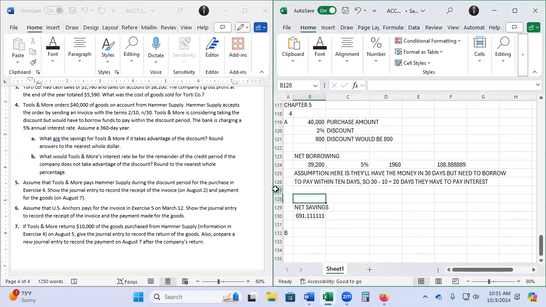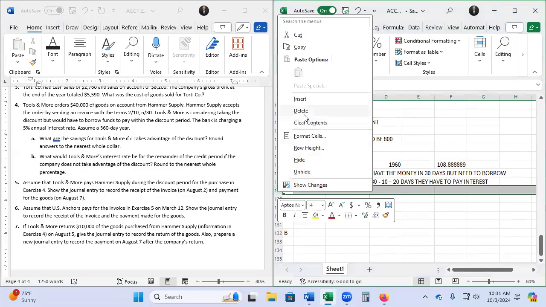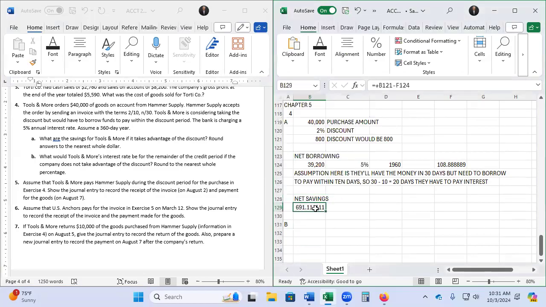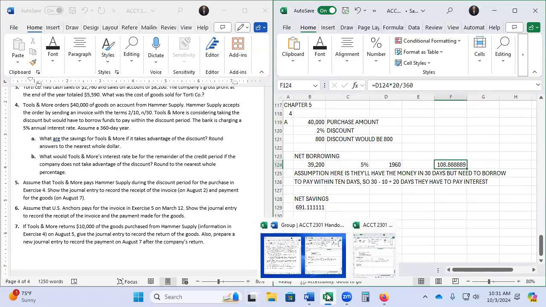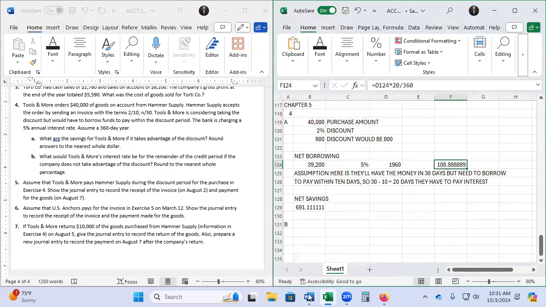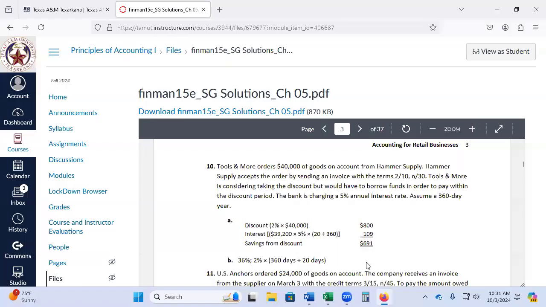Yes. Yep, 800, because this is what your discount would be, 2%. So the discount is 800, but you'd have to pay $108 of interest on it. It is not, it just happens to be equal to that.